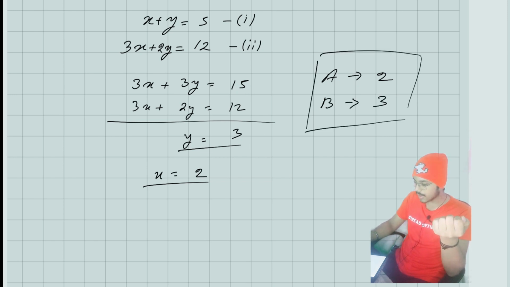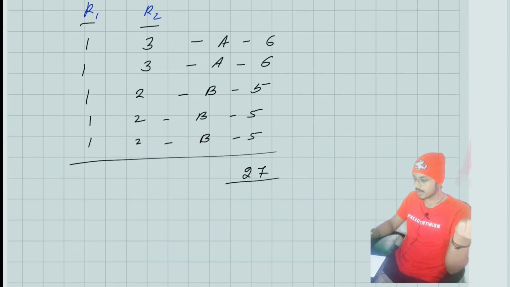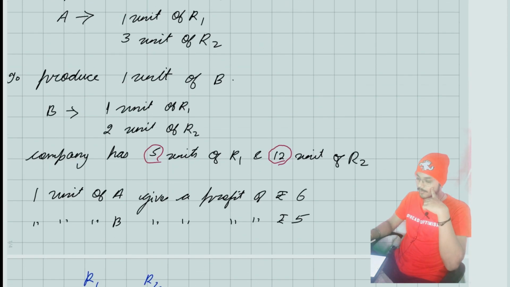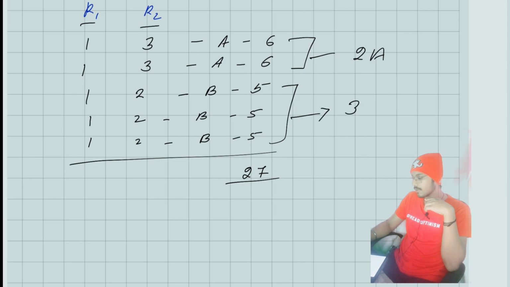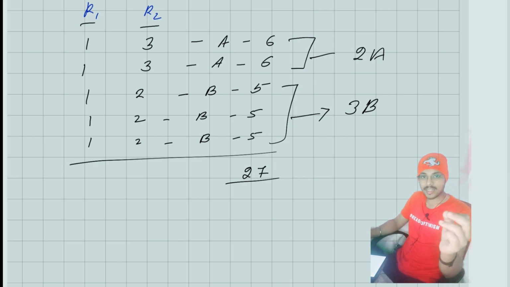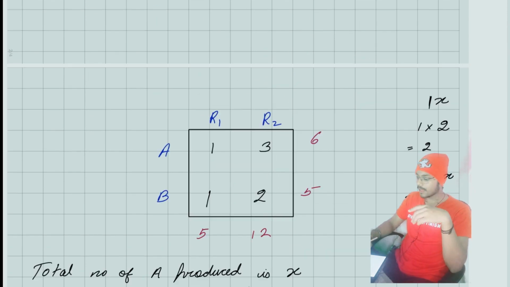Did we get this answer as we got above? Here, 2 number of A and 3 number of B. That means the model works, isn't it? Yes.